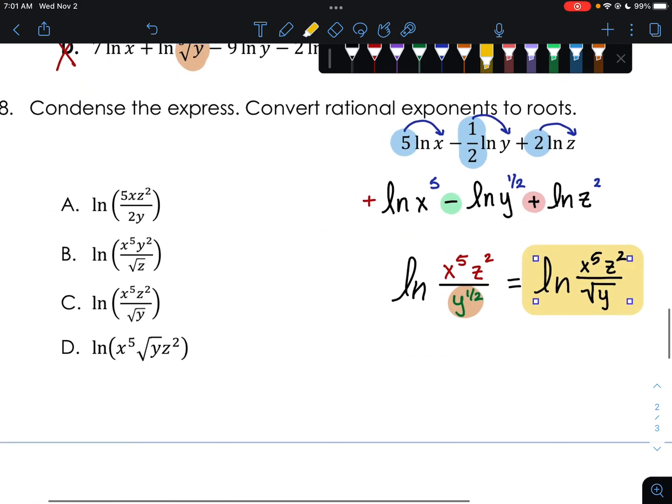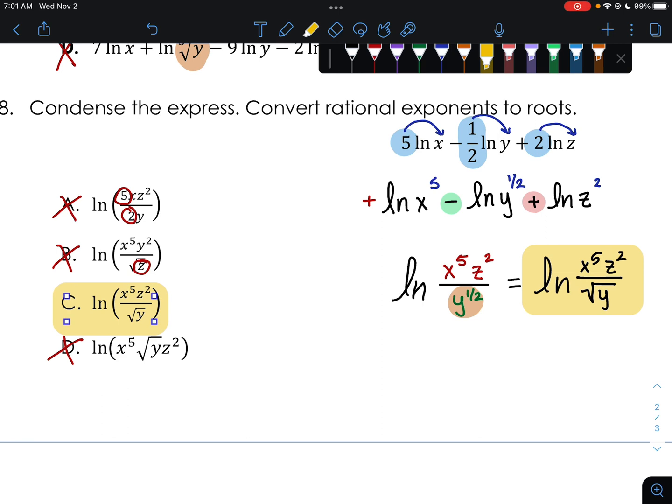A is not correct because it has a 5 and a 2. B is not correct because it's the z in the denominator. And then D is not correct because they're not as a fraction. So my correct answer choice would be C, and it matches what we got.